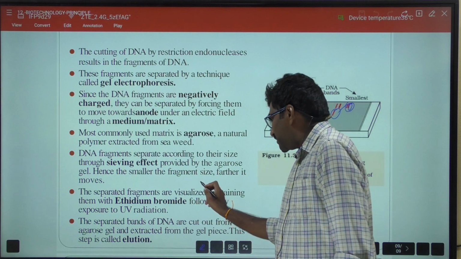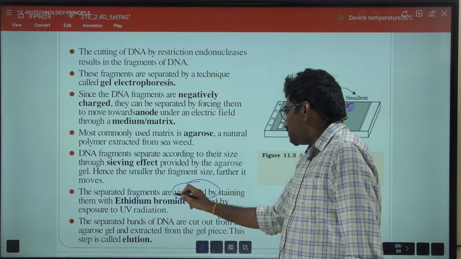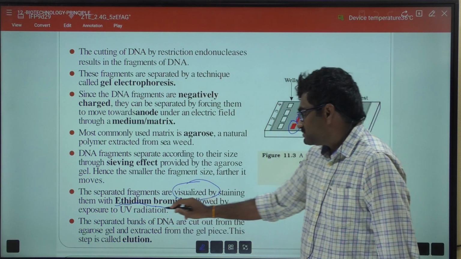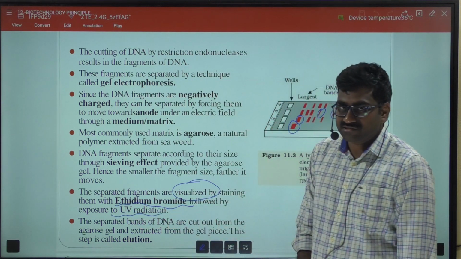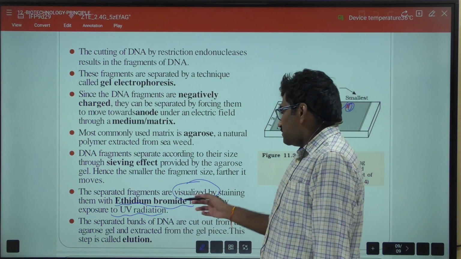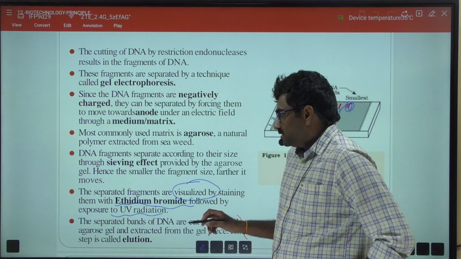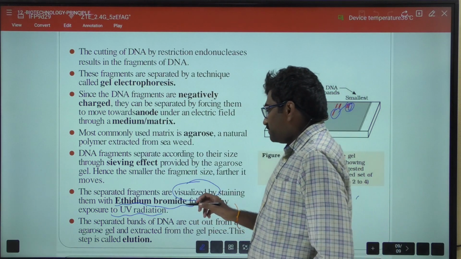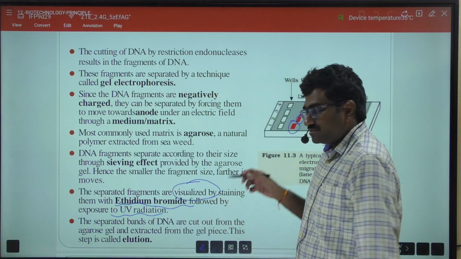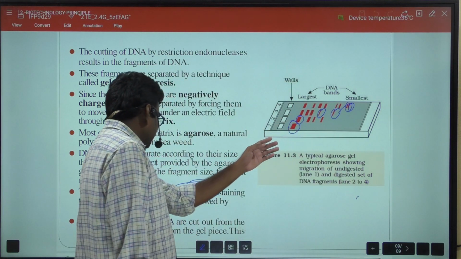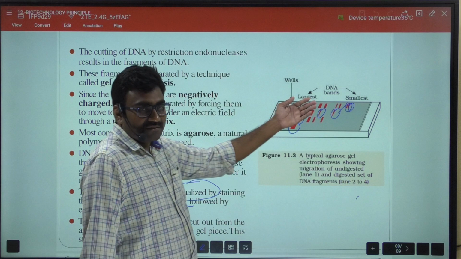The separated fragments are visualized by staining them with ethidium bromide followed by exposure to UV light. Ethidium bromide is a staining solution. Using that staining solution, when this agarose gel is exposed to UV light, one can easily observe the bright orange colored bands.